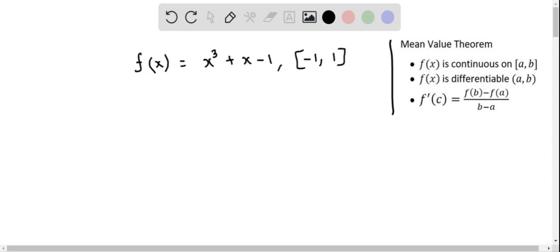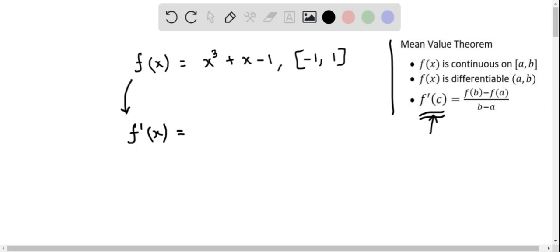Okay, since we have determined this function f of x satisfies the mean value theorem, we can utilize the conclusion of the mean value theorem, that is f prime of c equals f of b minus f of a over b minus a, to determine the value of c. So let's do that. First, we need to find the derivative of the function f of x, which is f prime of x.